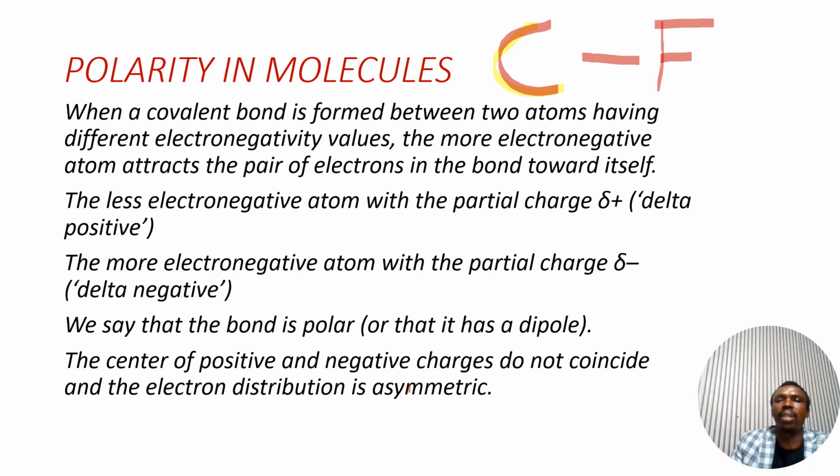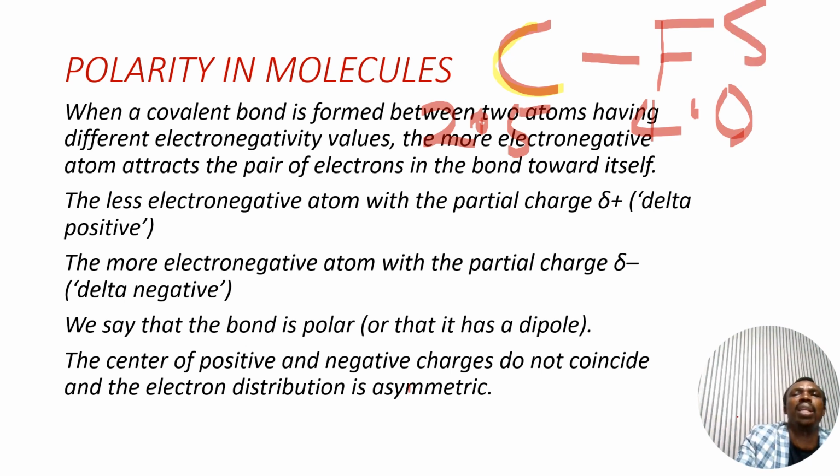Fluorine has an electronegativity value of 4.0, while carbon has an electronegativity value of 2.5. So fluorine is more electronegative than carbon. So fluorine will be partially negative and carbon will be partially positive. So that means this bond is a polar bond because it has a dipole.